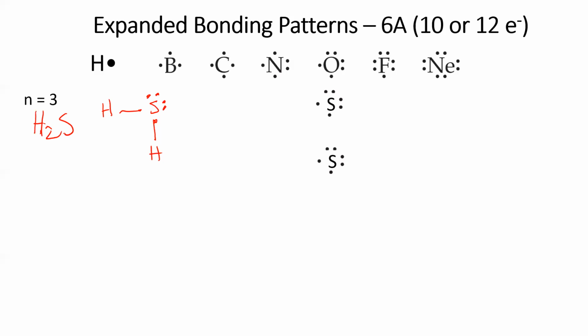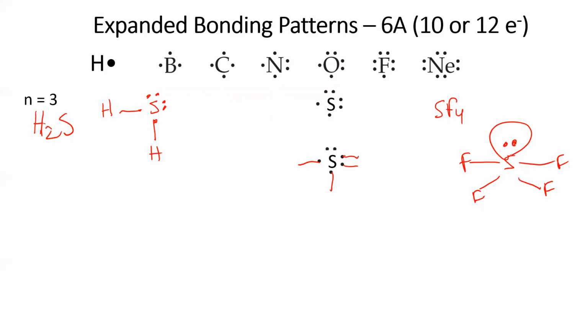Or it might say, you know what? I'm going to form 4 bonds. So where might you see that? Well, you might see that in SF4, and in SF4, I'm not drawing the lone pairs on the outer atoms. That's another video.